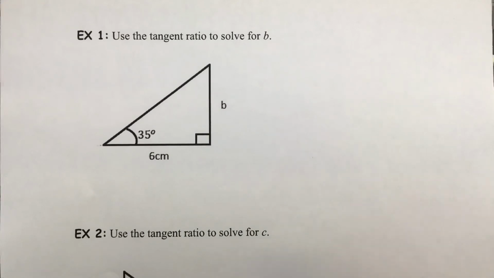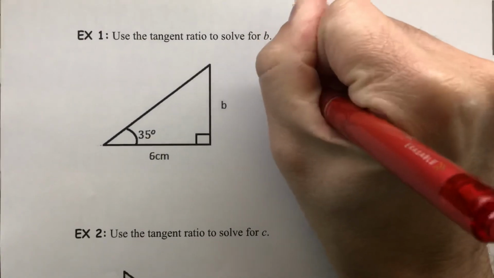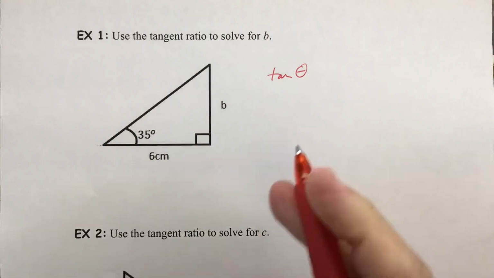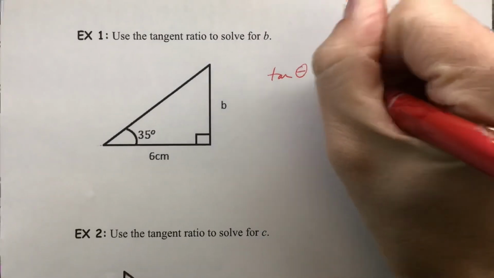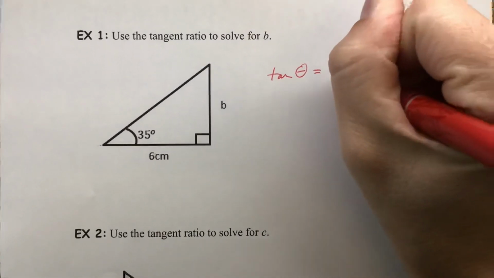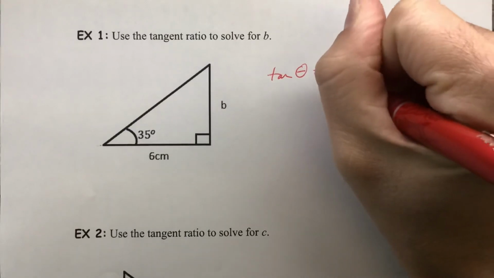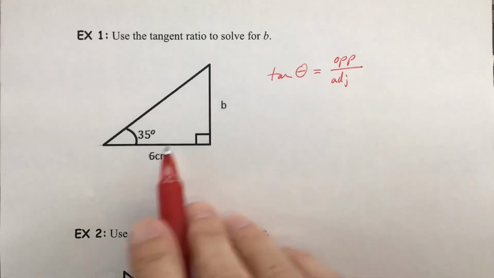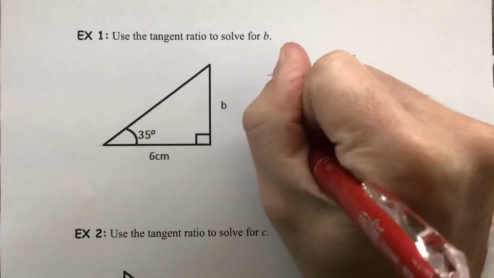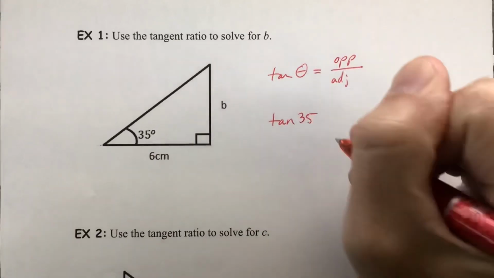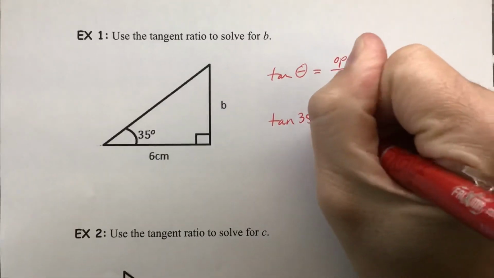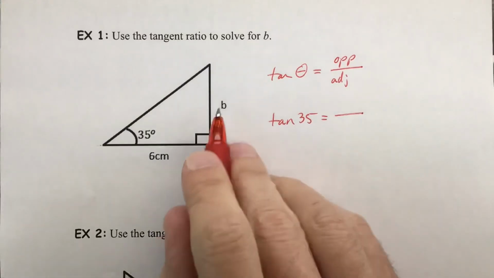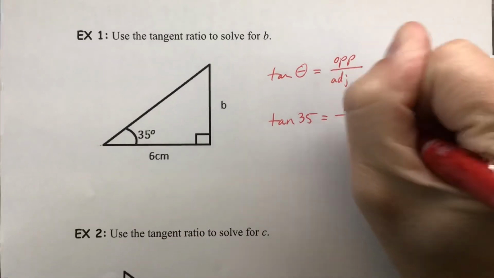My tangent ratio says this: the tangent of an angle, which I'm calling theta here, is equal to the opposite side length divided by the adjacent, which I'll abbreviate as opposite and adjacent. Theta we have, it's the 35 degrees. So I can write tangent 35 is equal to, we don't know the opposite side, so I'll put a B up top.